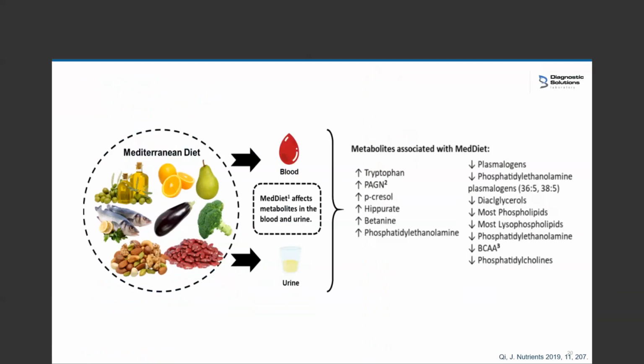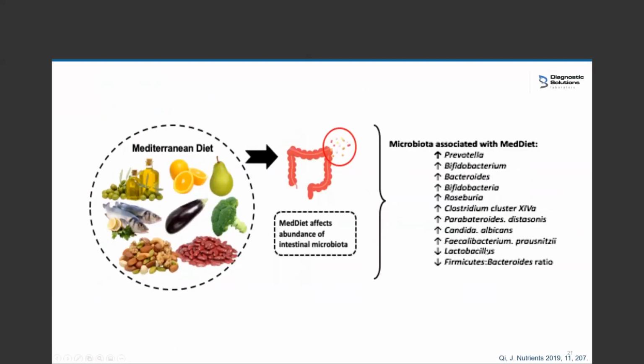Here's a study that was done in Nutrients. They looked at the Mediterranean diet and the impact it would have on metabolites: increased tryptophan, increased hippurate, p-cresol, and a decrease in branched-chain amino acids. Then they also looked at the impacts a Mediterranean diet would have on the microbiome.